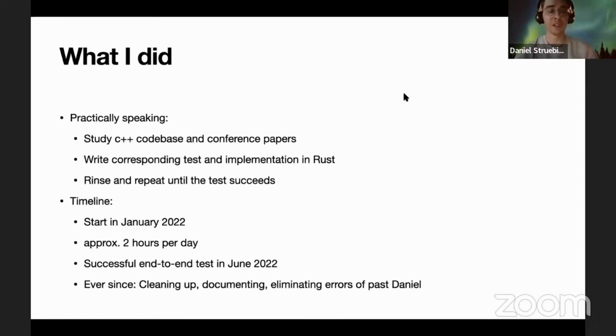And the way I went about it is I studied the C++ code base, the conference papers, and I wrote the corresponding tests and the implementation in Rust.